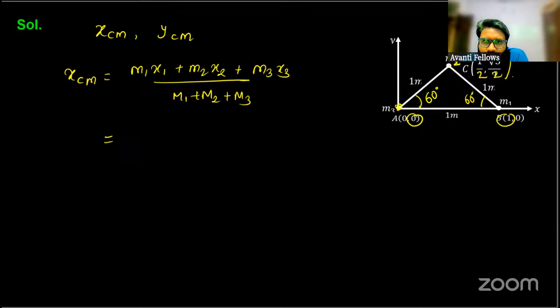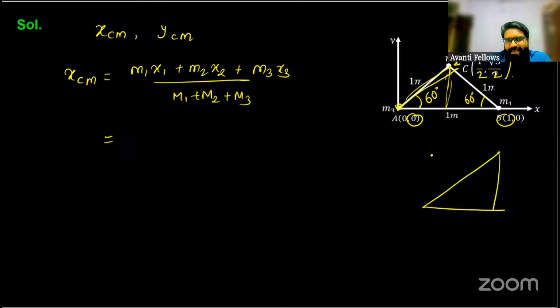So you can apply the Pythagoras theorem also, and you can just resolve this length. So this is 1 meter, like this. Only this portion I have taken. This will become 1/2. This length is 1 meter. This angle is 60 degrees. So this component will become what?